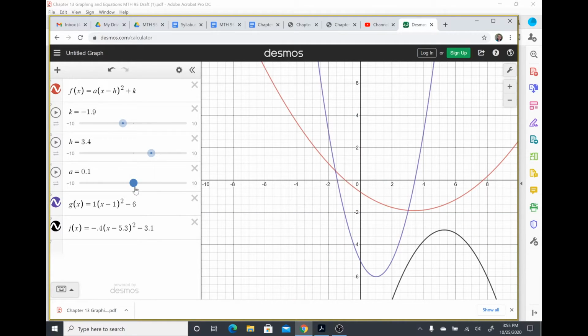Those are the basic transformations that you can do. The nice thing about the vertex form is it shows you those transformations. The a term shows you whether it's upside down or right side up. The h and k terms tell you the vertex point. The a term also tells you how wide things are, but we'll get into that in a while.